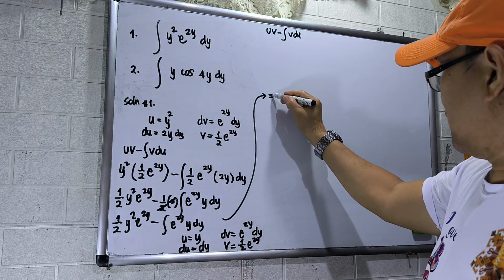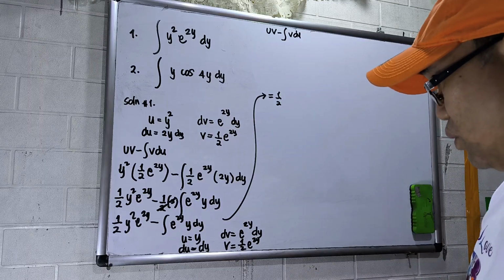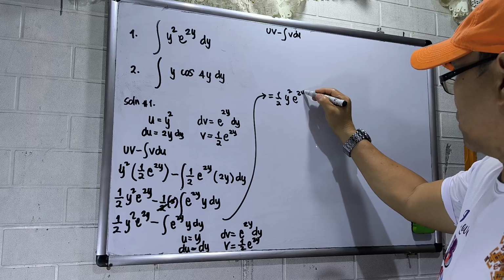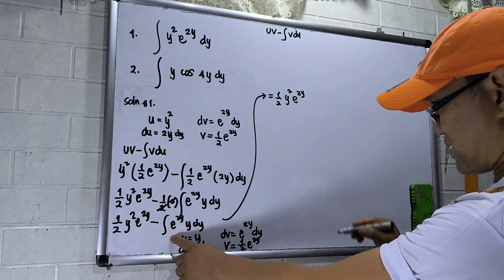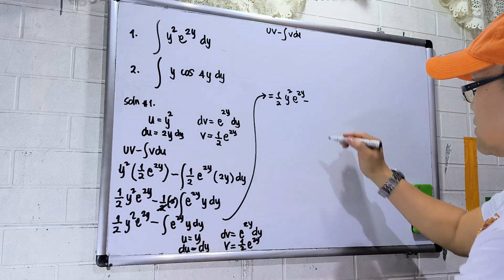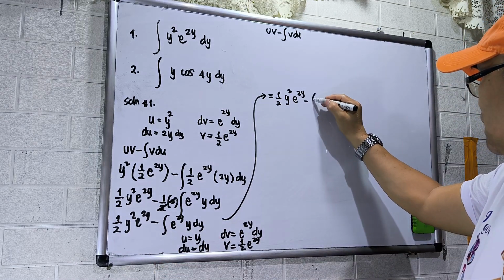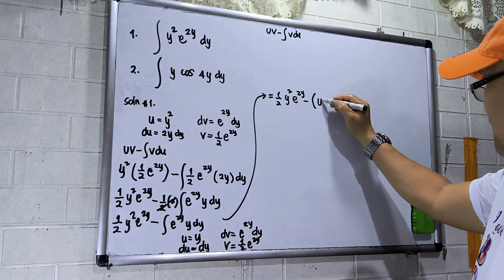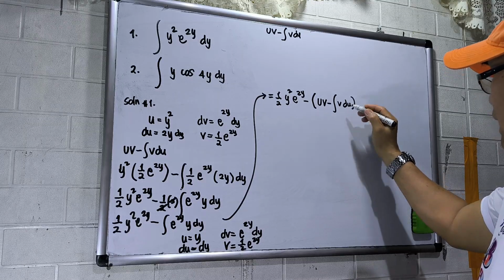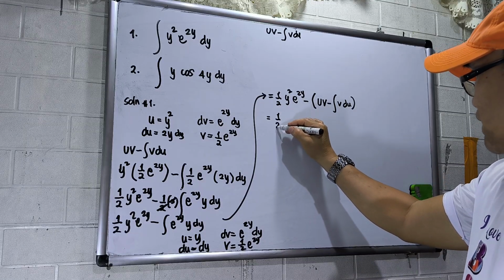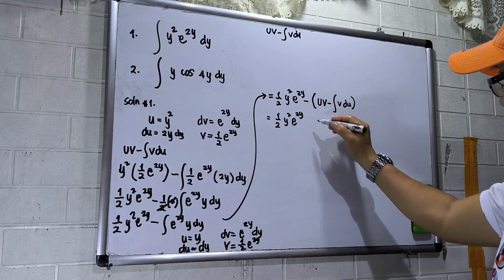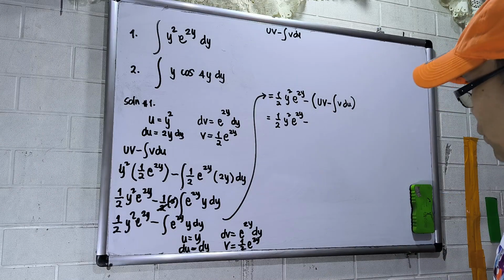So this will be 1 over 2 y squared e to the 2y, then minus. I will apply integration by parts, so this will be in circle brackets. The formula is uv minus the integral of v du. So this will be 1 over 2 y squared e to the 2y, then minus uv.